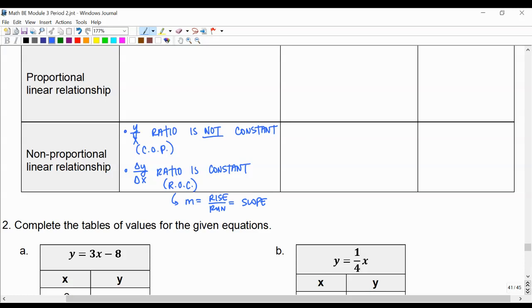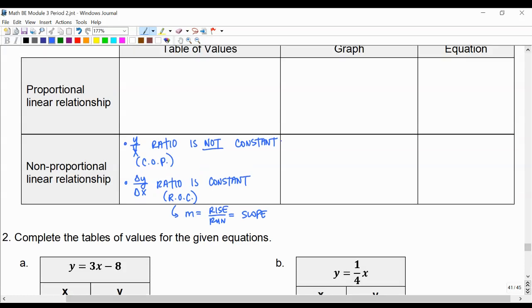For a graph of a non-proportional linear relationship, it is linear but does not pass through the origin.